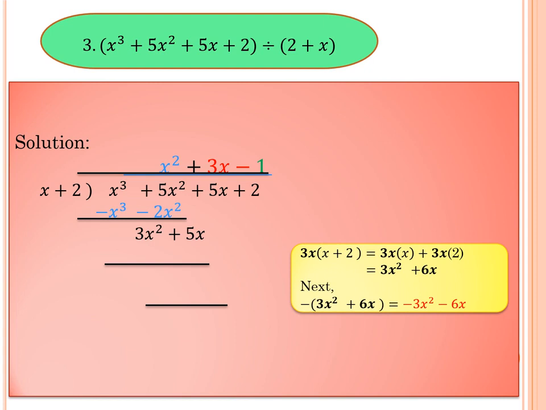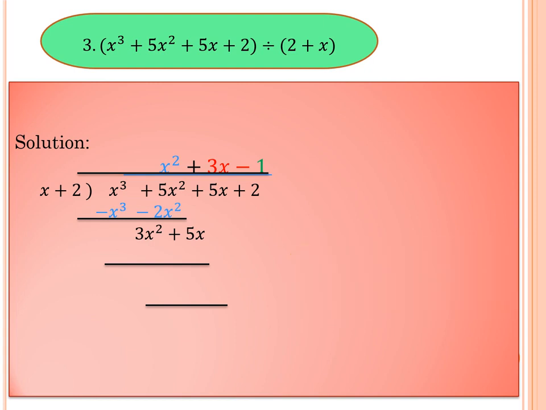Since ito, magiging naman siyang subtrahend ulit, so, change naman natin ng sign yung product niya. So, from 3x squared, magiging negative 3x squared. From positive 6x, magiging negative 6x. So, this would be our new subtrahend. So, that's why we have this one.